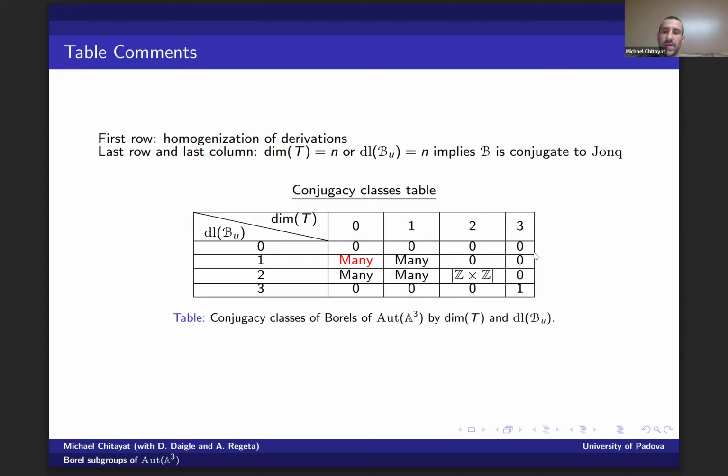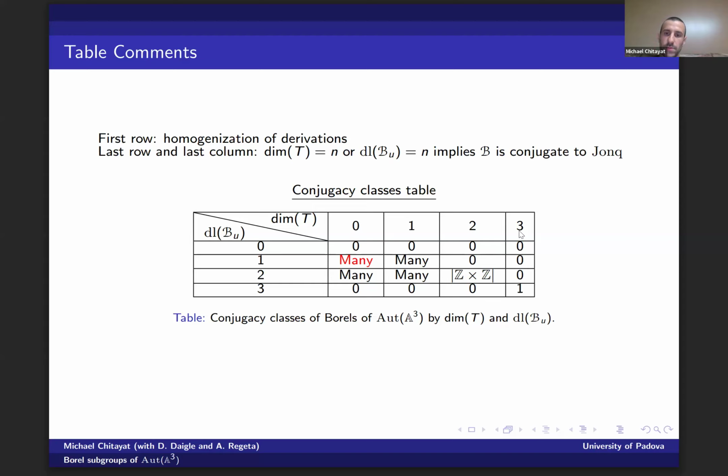The last row and the last column are based on what are now well-known facts: if you have a torus whose dimension is equal to the dimension of your variety, then it's conjugate to Jonc. Or if the unipotent part of your Borel subgroup has derived length n, which is also equal to the dimension of your variety, then again your Borel is conjugate to Jonc.